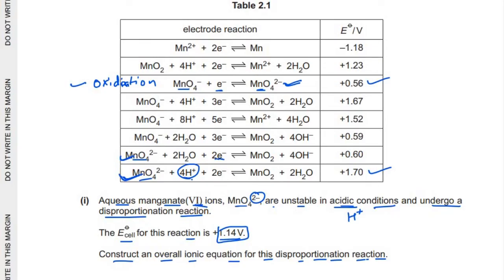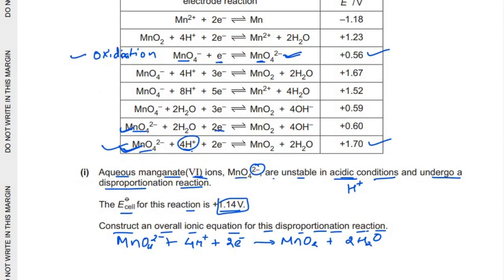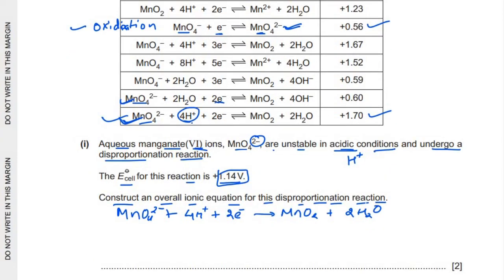Now we need to make an overall ionic equation. Starting with this, let me first write the reaction which we have already chosen, that is MnO4 2- plus 4H+ plus 2 electrons gives MnO2 plus 2H2O. Again, for the oxidation reaction, we'll have to write it in the reverse form.